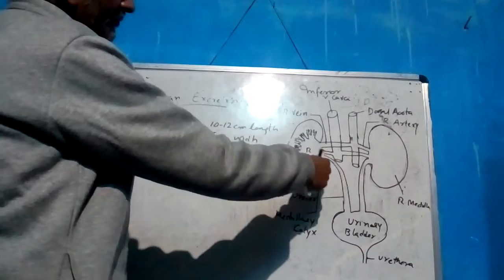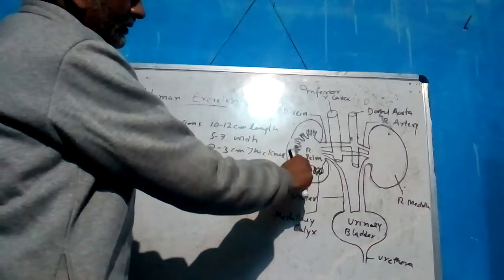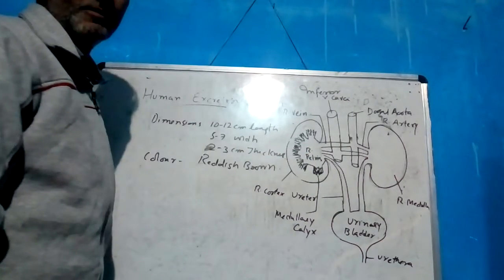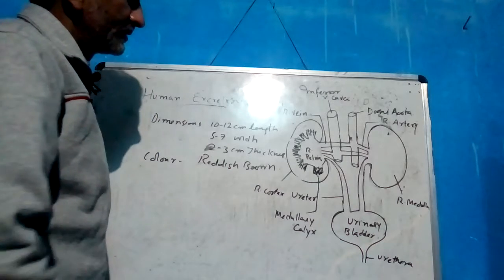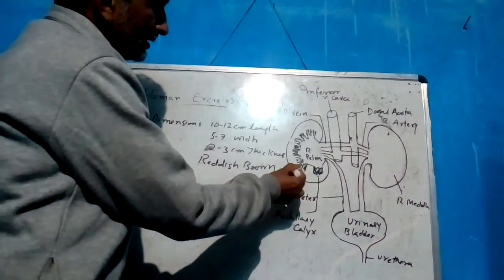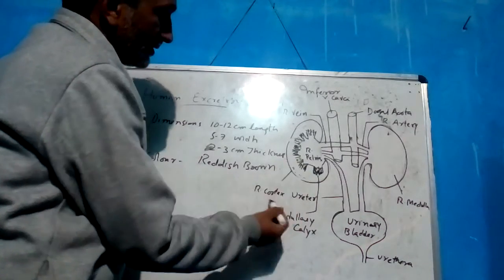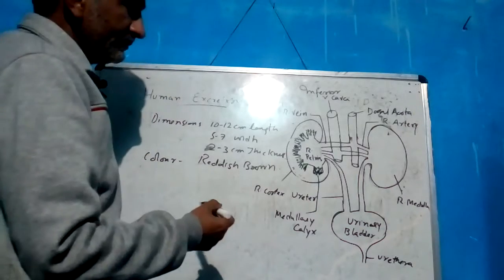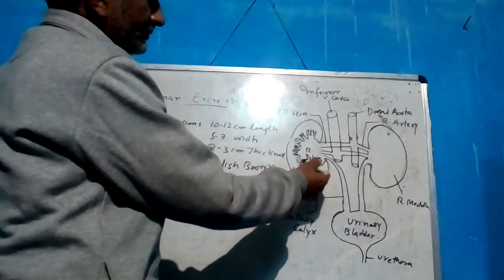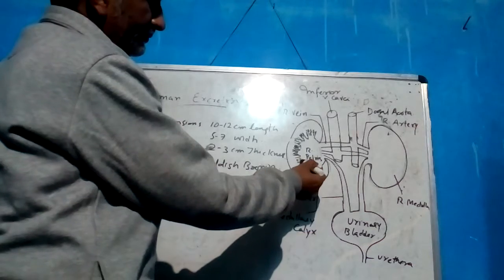When we see the transverse section of the kidney, we can observe the outer tough region, which is called the renal cortex, and the inner region, which is known as the medulla.